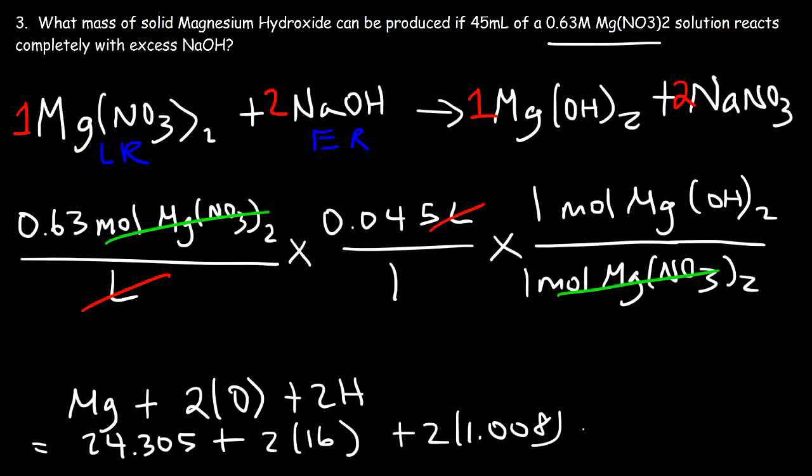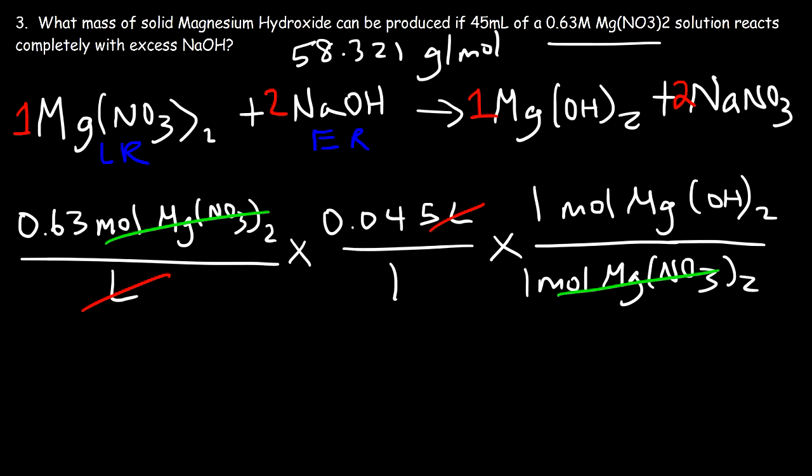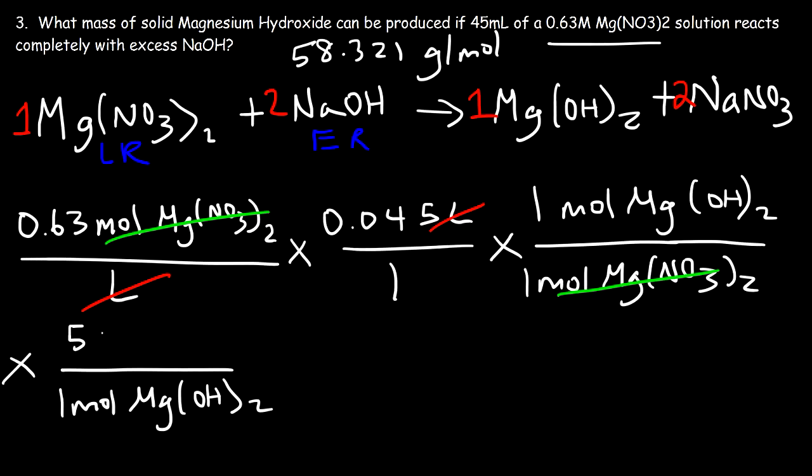So if you add up all these numbers, you should get 58.321 grams per mole. So that's the molar mass of magnesium hydroxide. So 1 mole of magnesium hydroxide has a mass of 58.321 grams.